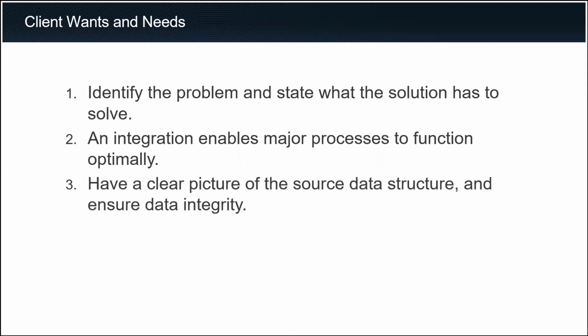Third point I have over here is having a clear picture of the source data structure and ensuring data integrity. Now, this can range from ensuring that there are no duplicate records in your source system, and that they have a single version of the truth type structure. So basically, you know that this record is the most up-to-date version of that specific entity across the organization, and it can range all the way through to having a specific naming convention in place, or having specific protocol steps to follow for data input in your source system.